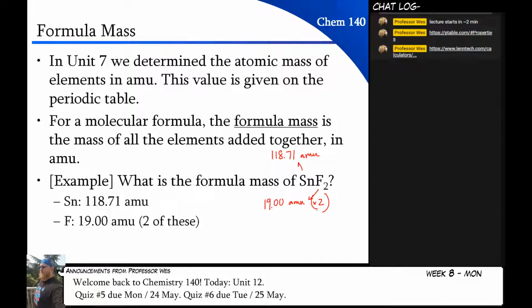Now, I have 1 tin and 2 fluorines, so 19 times 2 is 38. And we'd report that to 4 sig figs. And then I'll just add these two together vertically. And there you go.